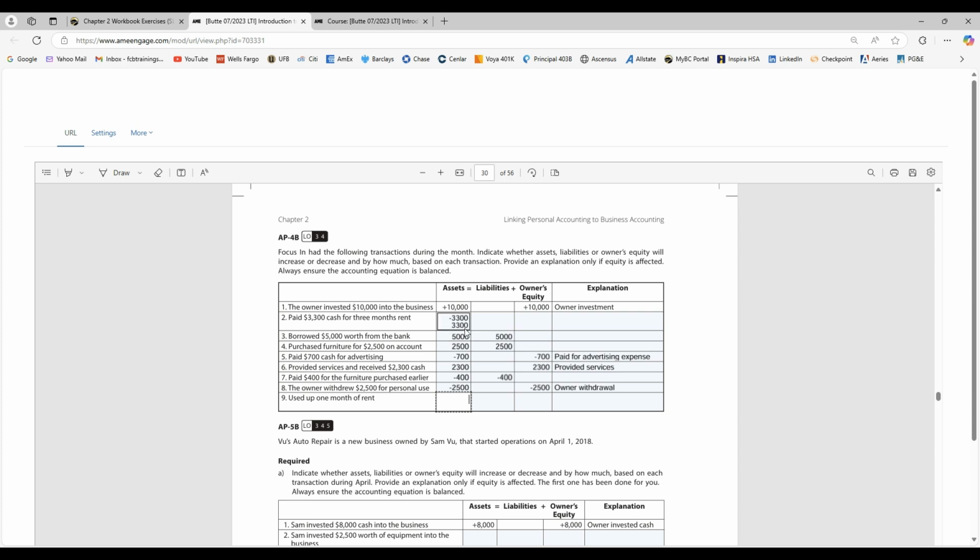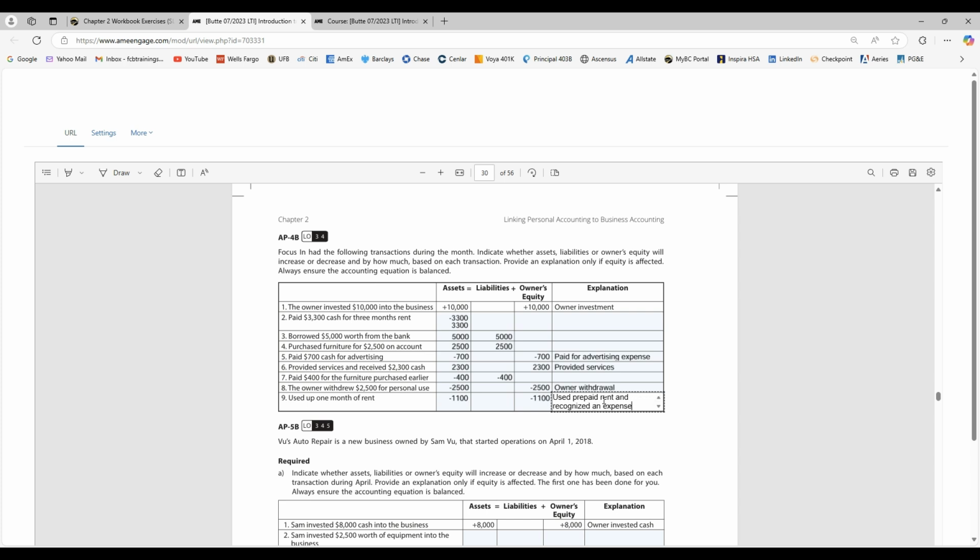So 3 months of rent represents $3,300. If we divide that by 3, we're going to reduce that by $1,100. So our prepaid rent will reduce by $1,100, and we'll recognize the expense for using up 1/3 of that rental contract, basically.